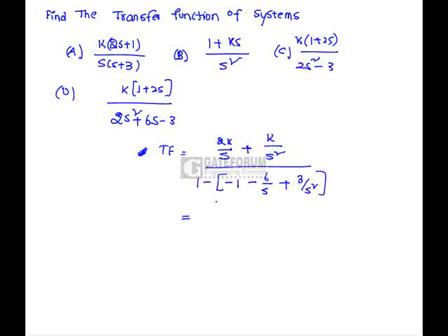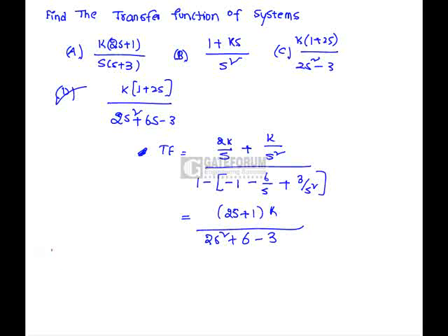So if we simplify this one, that is (2s plus 1) times k over 2s square plus 6s minus 3 we will get, which is option D is correct.